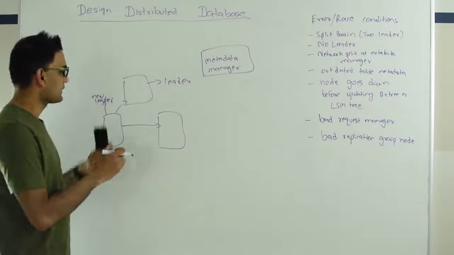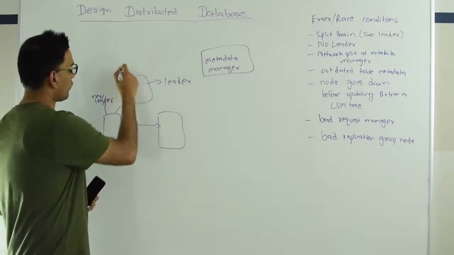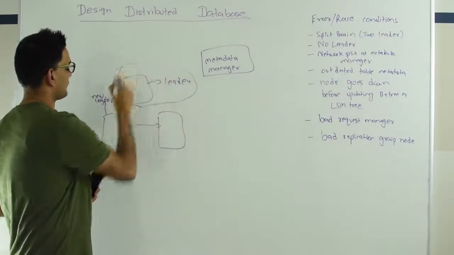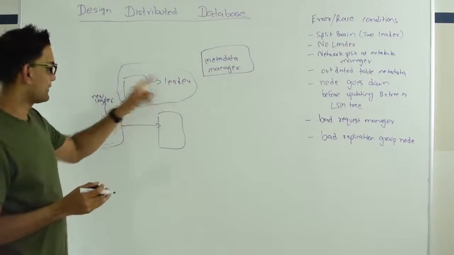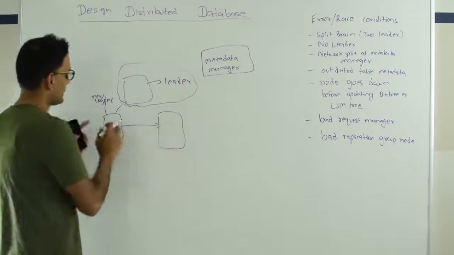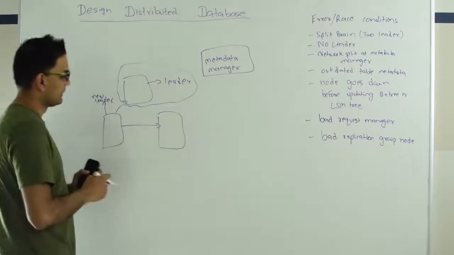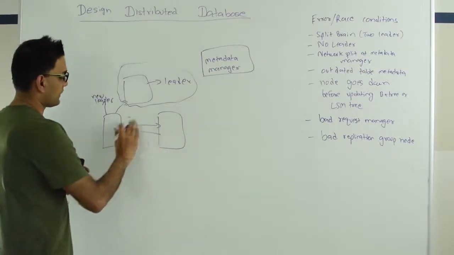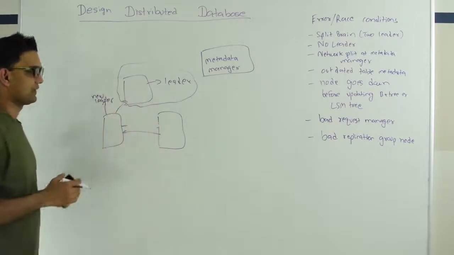Let's suppose that the old leader is still in its own world because of a network partition or something, and still thinks it's a leader, and the new leader got a confirmation from this node that yes, you can be the new leader. So this guy is now following the new leader rather than the old leader.